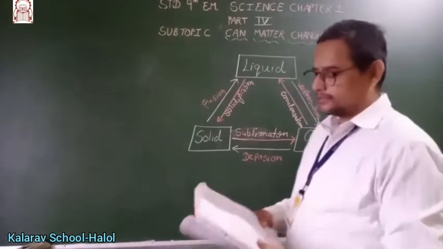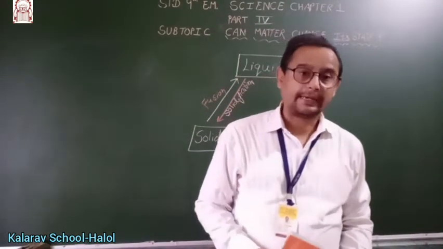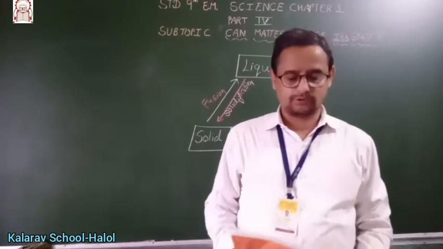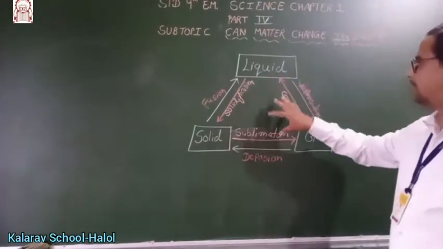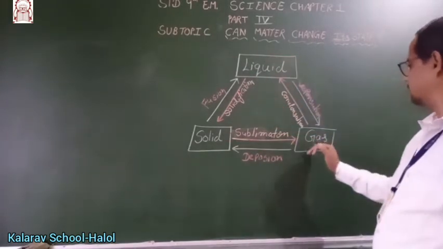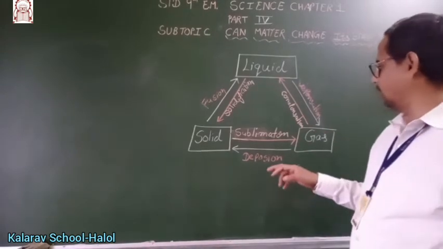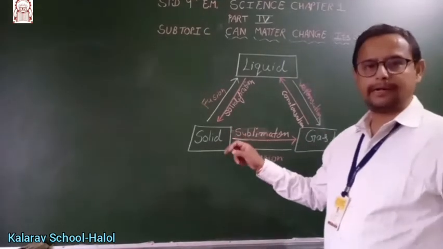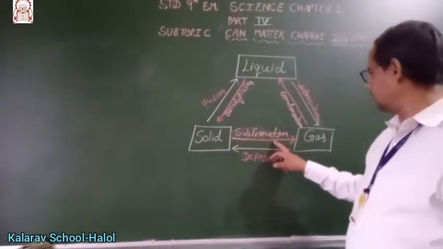Now children, you can see here, when pressure is given to the object, what has exactly happened? I have drawn one figure. See, this is liquid, this is solid, this is gas. Now, when any matter directly converts from solid to gas, that process is sublimation, that you know very well.